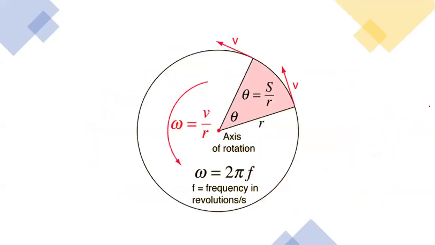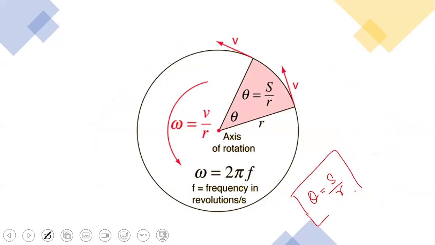So far, the formulas that you should know are, first, angle in radians is equal to s divided by r, where s is the arc length or the distance. Secondly, omega is equal to delta theta upon t. Sorry, this is a Greek alphabet, it's omega. Omega is equal to 2 pi f.